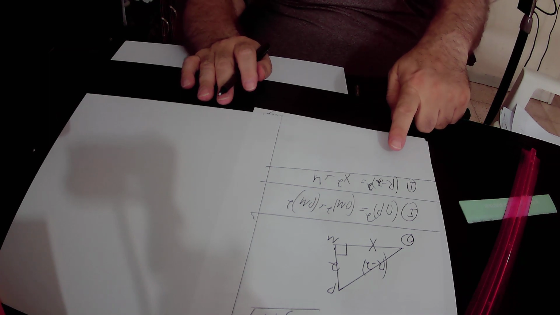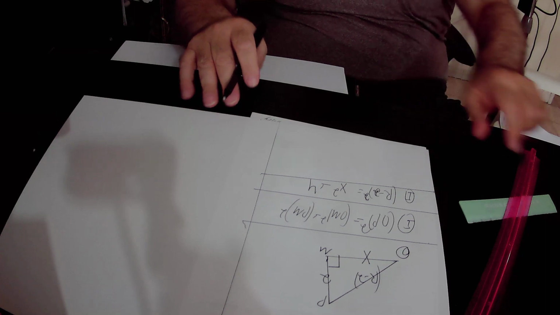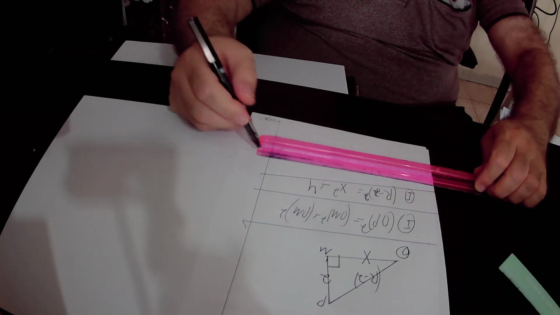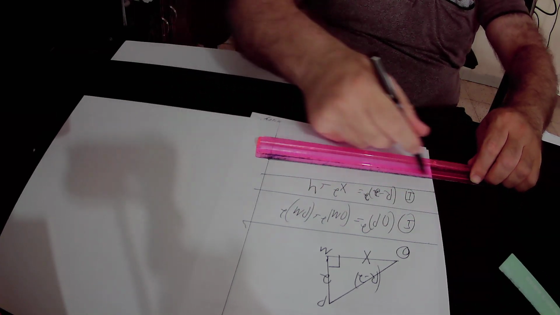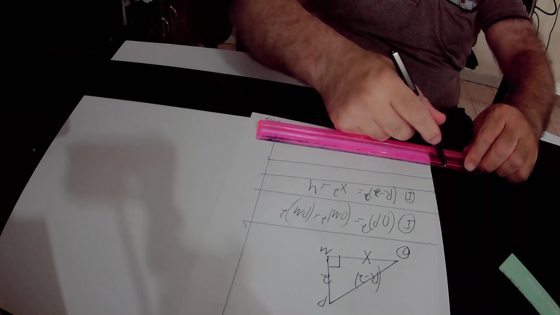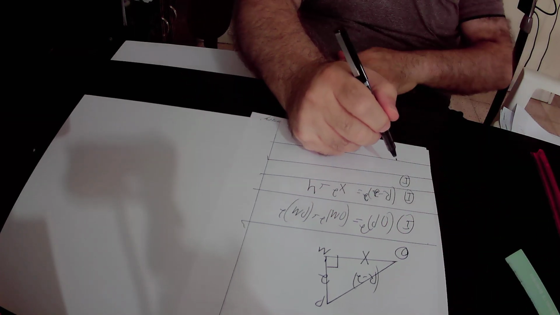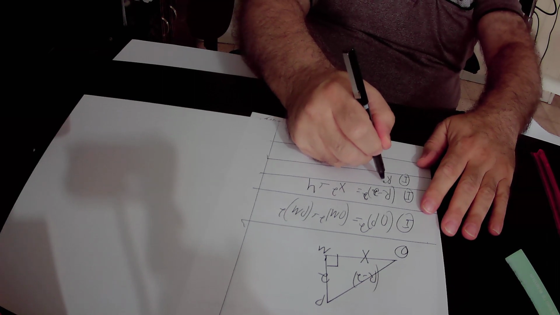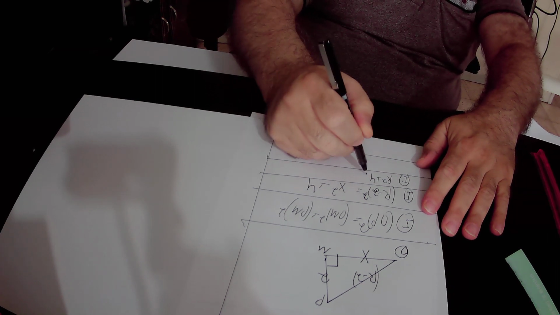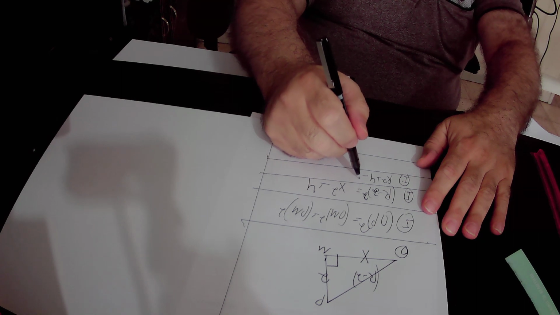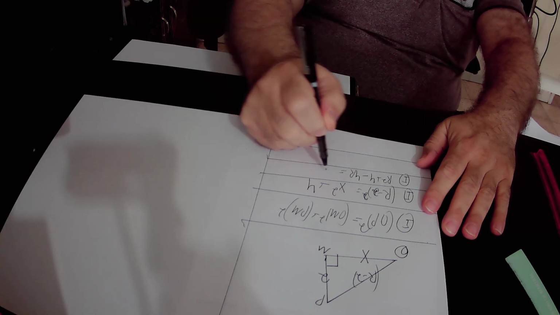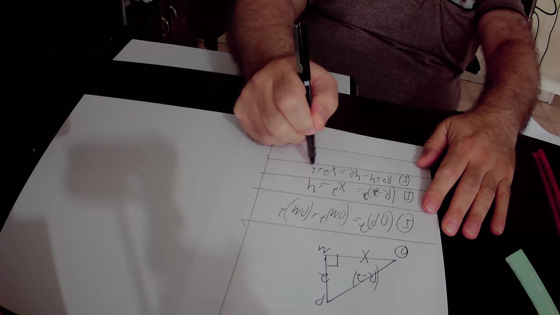Here we open the brackets on this side of equation number 1, and we get that (R minus 2) square equals R square plus 2 square, that is 4, minus 2 times R times 2, that is minus 4R, and that is equal to X square plus 4.